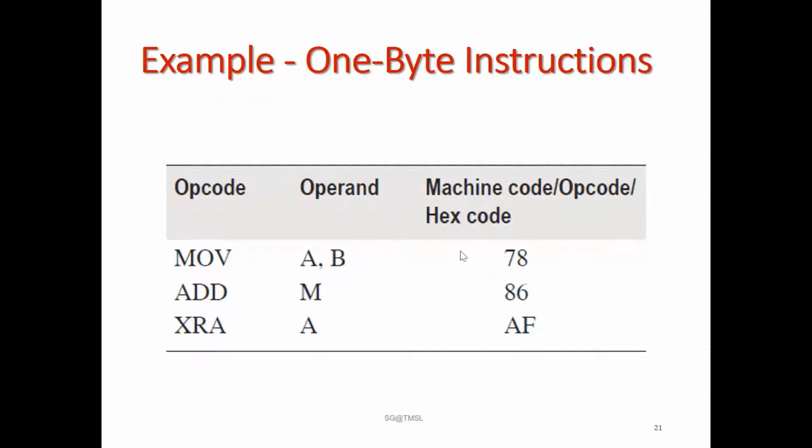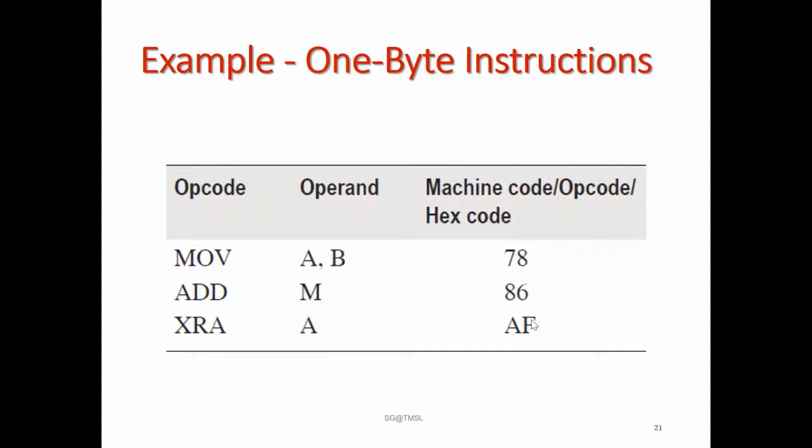The meanings are same, but the languages are different, because human beings are not used to identifying these codes. They can write this type of instruction to create a program, to create a logic, but that must be recognized by the processor using this type of machine code or hex codes.